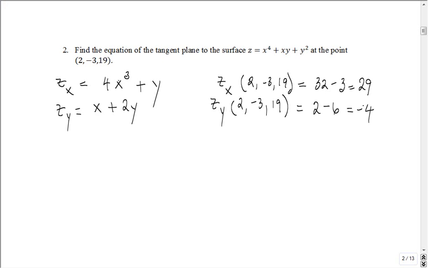So going back to the formula above, it would be z minus 19, because it was z minus f at (a, b), right? Equals the first partial 29 times x minus 2, plus the second partial, minus 4 times y minus minus 3, or plus 3.